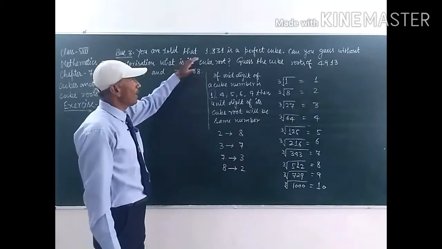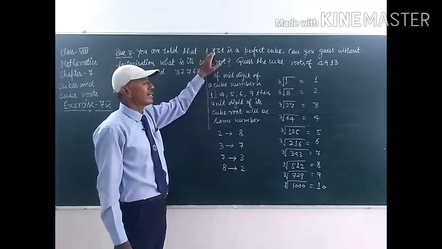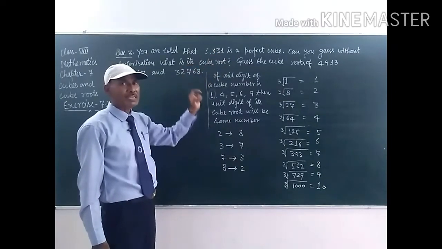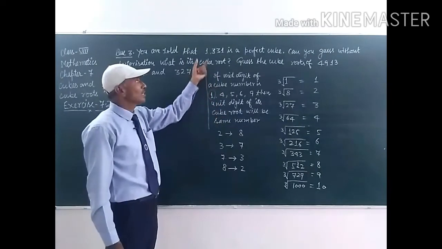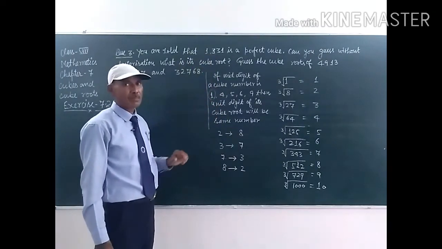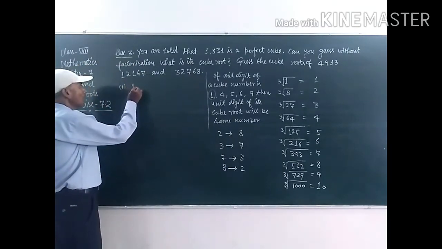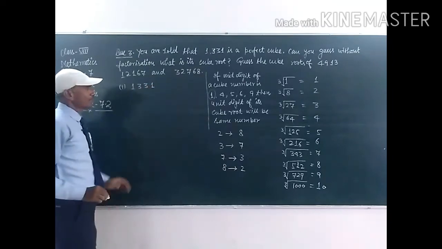So, the first part of question number 3 is: 1331 is a perfect cube. We have to guess, or estimate, the cube root of this number without factorization. So, this number is 1331. Clear, student?